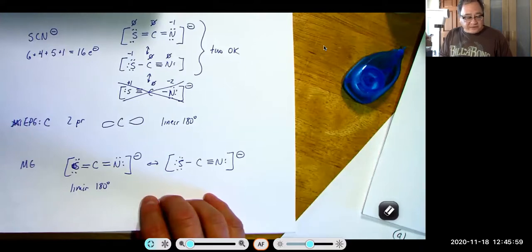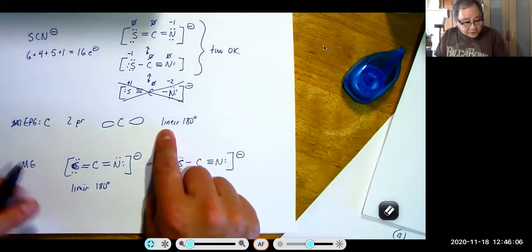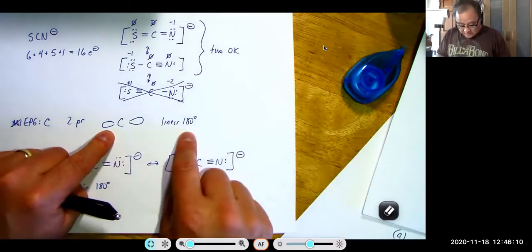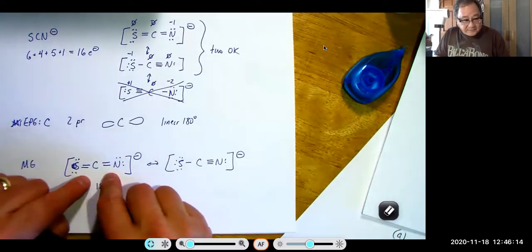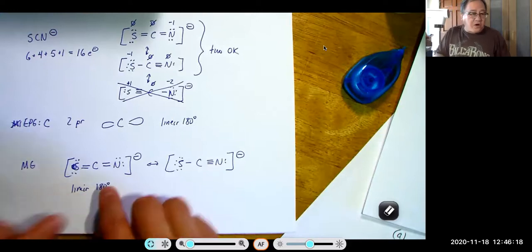Are we okay with that, Jackie? So notice I'm naming it, describing it, I'm drawing it, and I'm putting the bond angle. So here, the molecular geometry, this is the drawing. And this is the description, and this is the angle. You want all three.